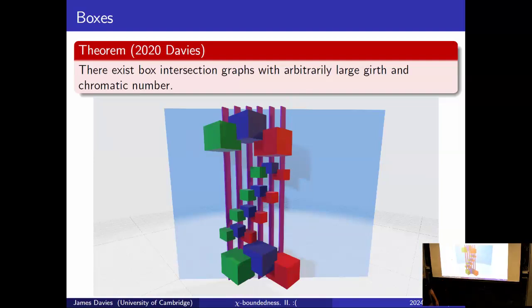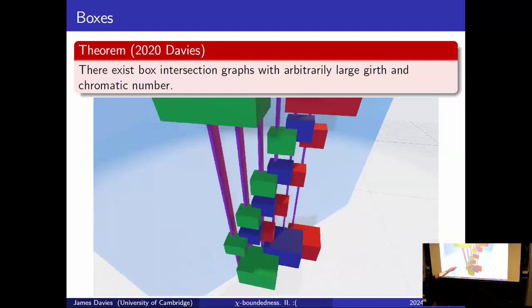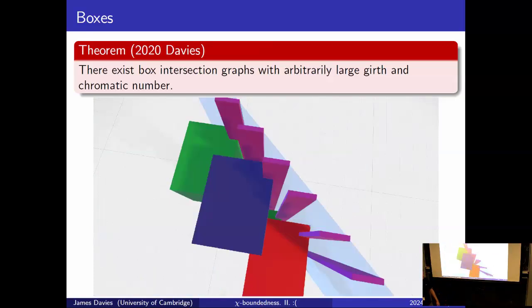Looking from above, this can look like something like this, piercing their corresponding boxes. And this is something we could keep doing. A tiny technicality is that we need them to lie on different spots going along, but we can just move them a tiny bit.